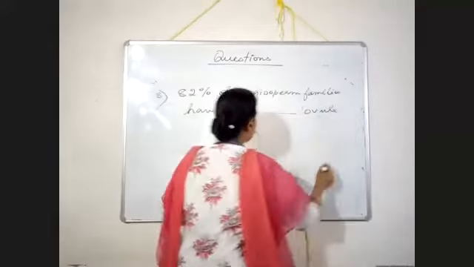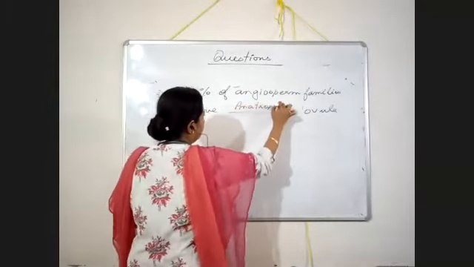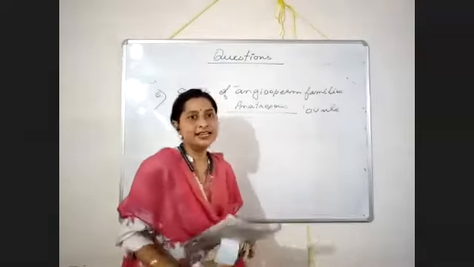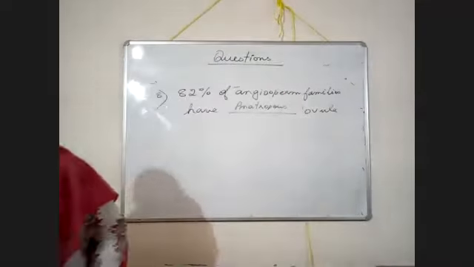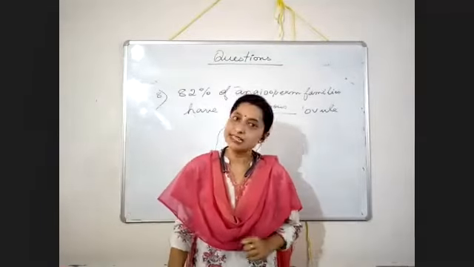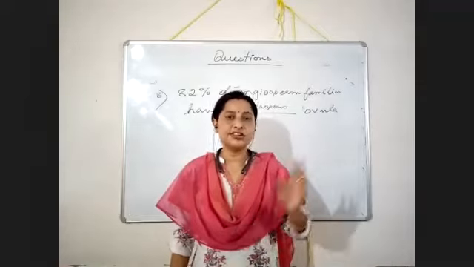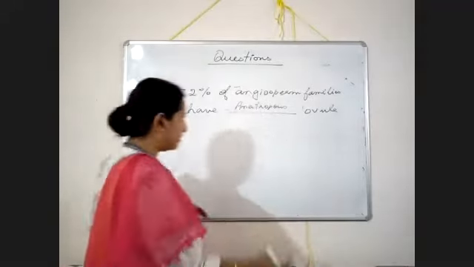Which ovule is most common? Anatropous, right? So up till here, what we have discussed is certain types of questions that are supposed to be asked from this chapter, a part of microsporogenesis, megasporogenesis. These are certain questions that you should remember.